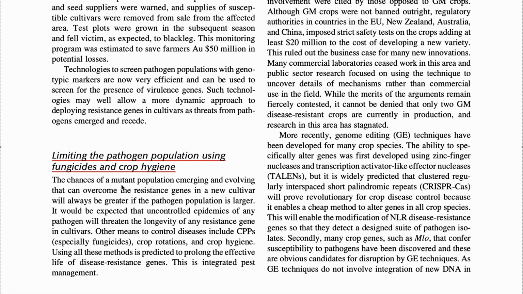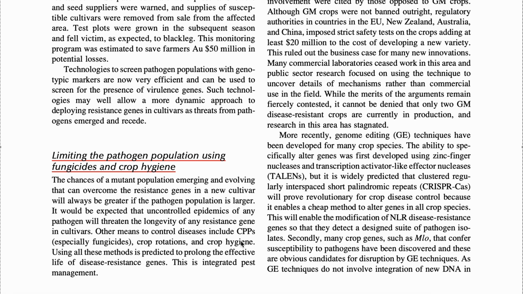The chances of a mutant population emerging and evolving that can overcome the resistance gene in a new cultivar will always be greater if the pathogen population is larger. You would expect that uncontrolled epidemics of any pathogen will threaten the longevity of any resistance gene in cultivars.